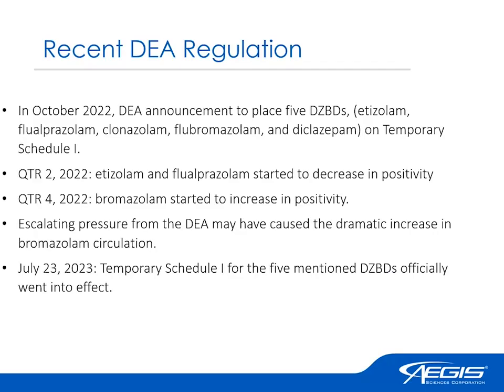In Q2 of 2022, etizolam and flualprazolam started to decrease in positivity, and by Q4 of 2022, bromazolam started to become strikingly more prevalent. The dramatic increase in bromazolam circulation could be a result of this escalating pressure from the DEA. The temporary Schedule 1 for the 5 aforementioned designer benzodiazepines officially went into effect on July 23rd of 2023.